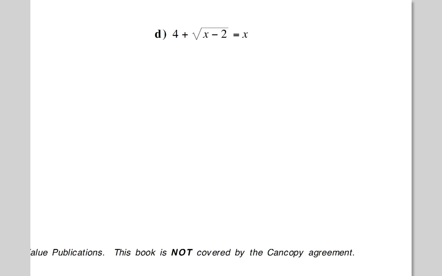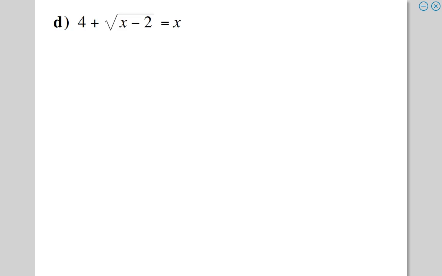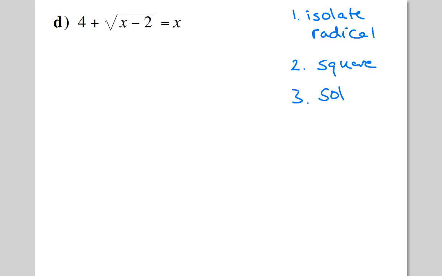Okay, you have what I would deem a relatively easy radical equation. Recall the steps for radical equations. Number 1, isolate. Number 2, square both sides. Number 3, and number 4. Good. Okay, so let's do step 1.